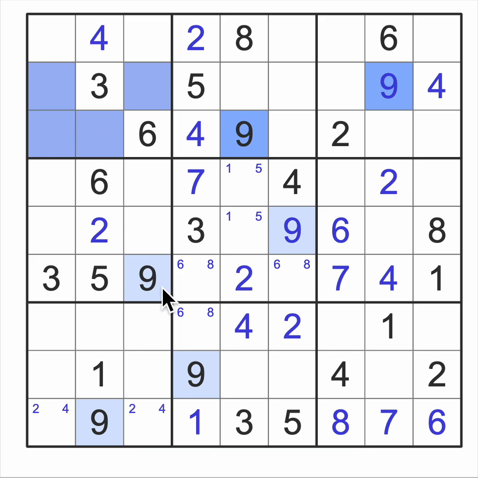This 9 blocks these. This 9 blocks here, gives me 9 here.